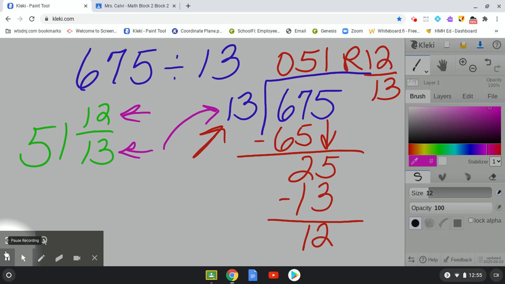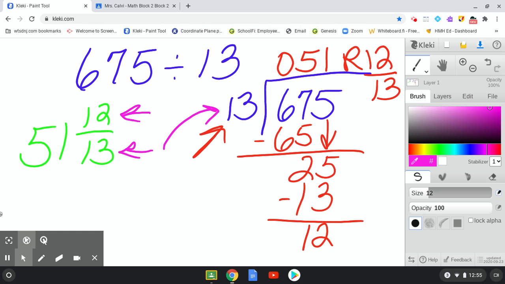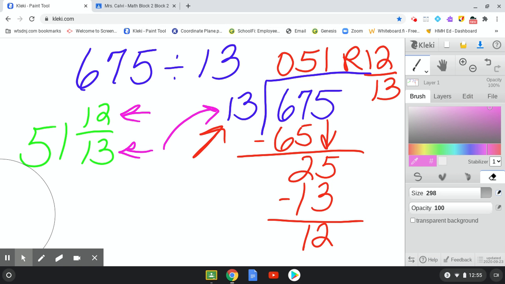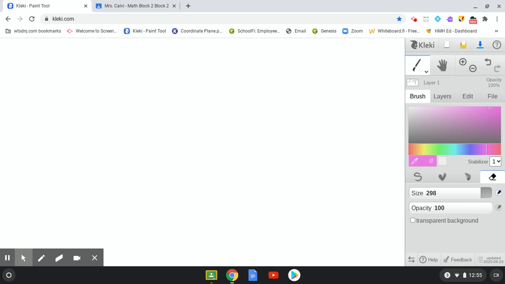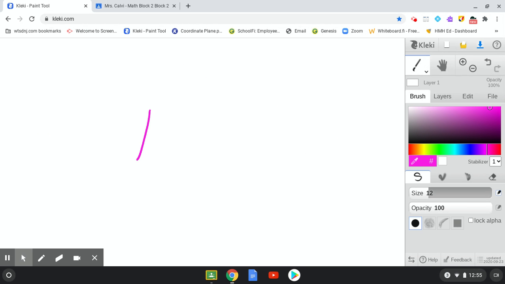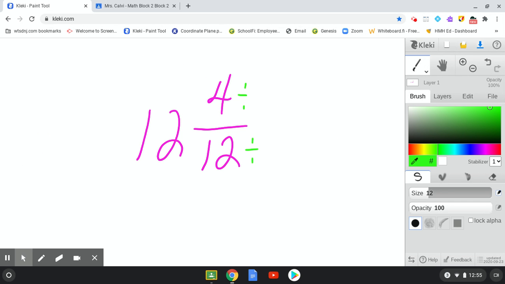Okay, so for example, let's just say I did division and I came up with an answer of 12 and 4/12. Well, my 4 and my 12 are both divisible by the same number. So I can simplify or reduce the fraction part of this answer.